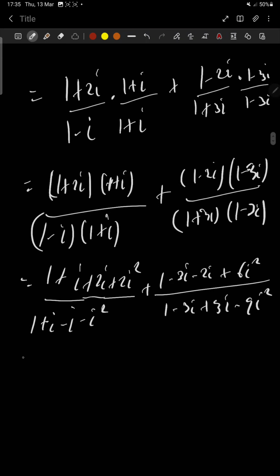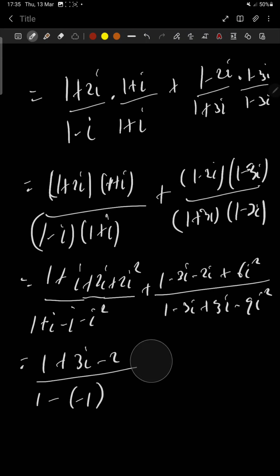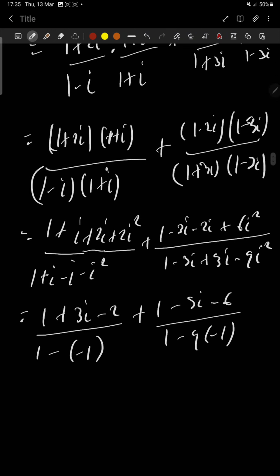But i squared is negative 1, so this will be 1 plus 3i minus 2 over 1 minus negative 1, plus 1 minus 5i minus 6 over 1 minus 9 times negative 1.